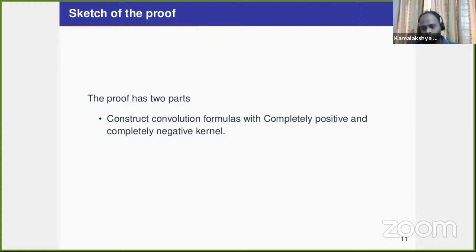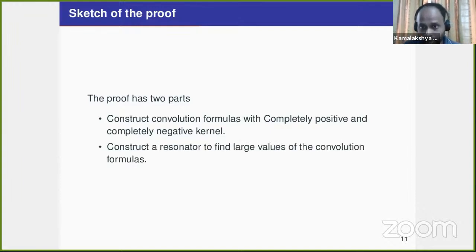The actual formula of S(t) in terms of a Dirichlet series is difficult to work with, so we need a modification of that, which will be our convolution formula, and it will have a completely positive and completely negative kernel to account for the sign changes. Then we want to construct a resonator that we will use to find large values of this convolution formula.